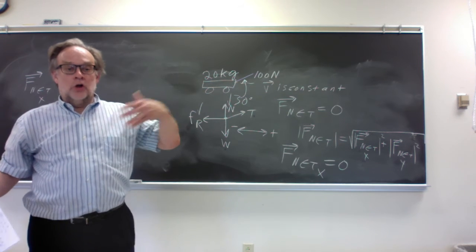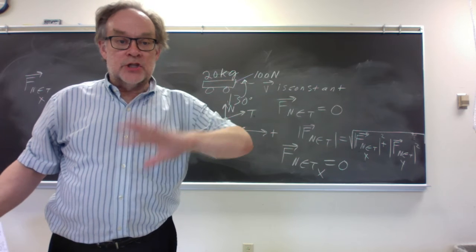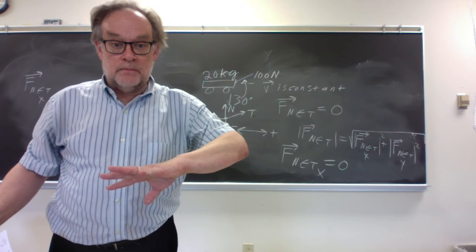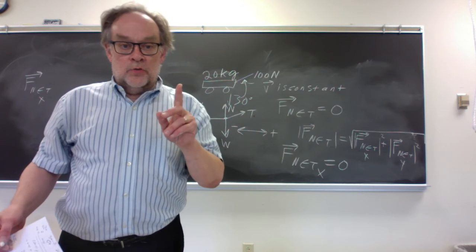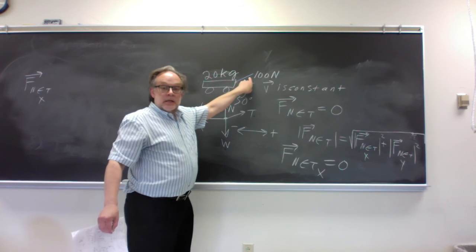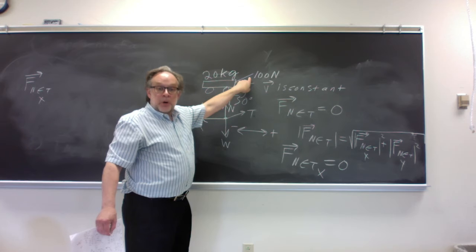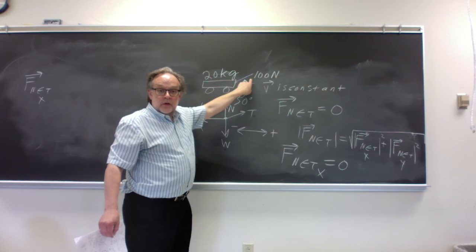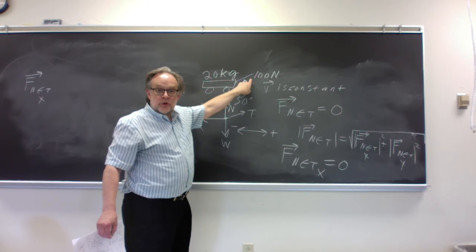Again, all the force in the positive x direction minus all the force in the negative x direction. All the force in the positive direction is the x component of the tension, the 100 newtons of tension pull.